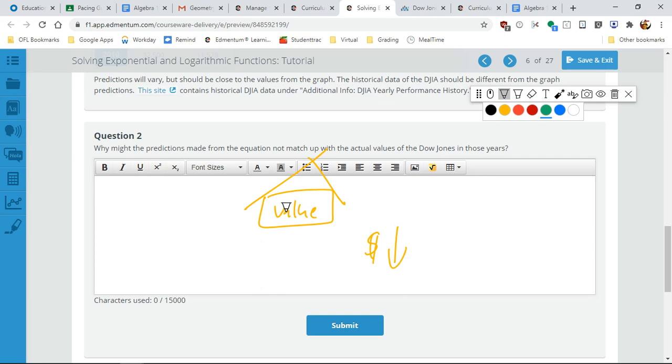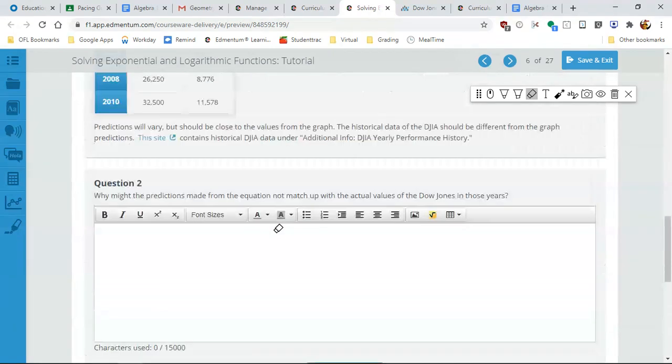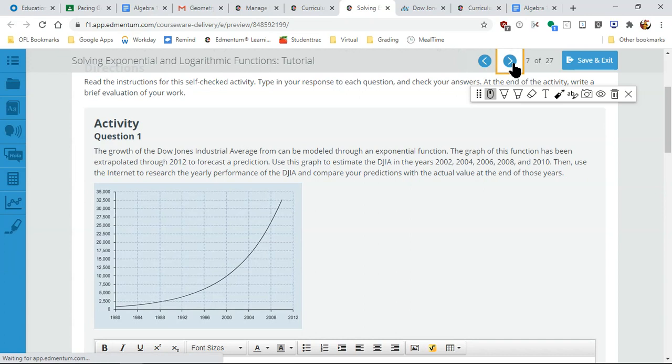So what ends up happening is the value of this house goes up. It's worth more money because the dollars are less. So that's why usually it goes up and down. So there's a lot of things. There's inflation. There's maybe people don't want to buy that house. There's a lot that goes into it. So that's a very heavy question. Too much to go into for this class.